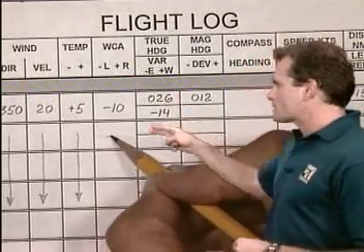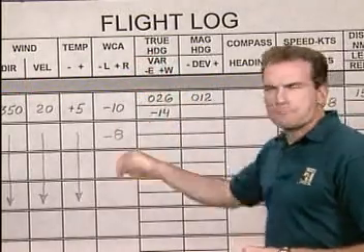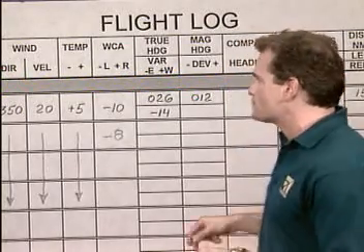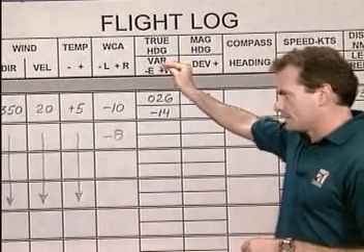In our example, we figured it to be to the left 8 degrees, so we will enter -8 right in this block for the WCA. Next is true heading, and notice here that the line is divided into 2 blocks again, true heading and the variation. The top is for true heading, the bottom for variation. So we'll get the true heading.